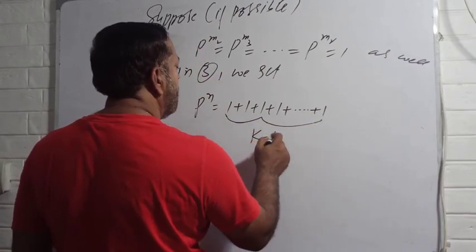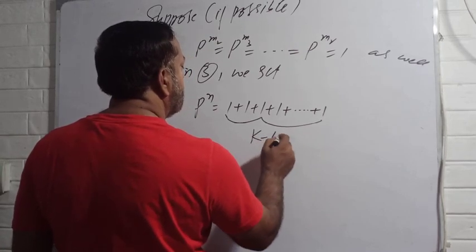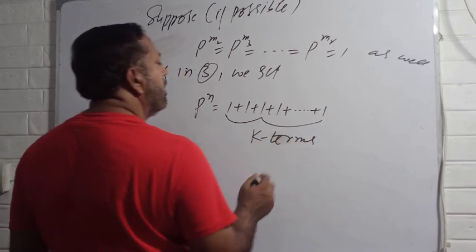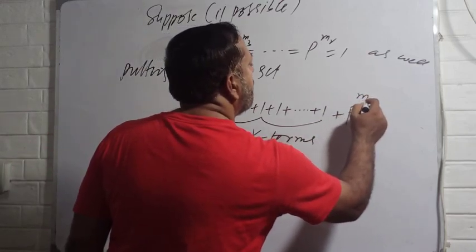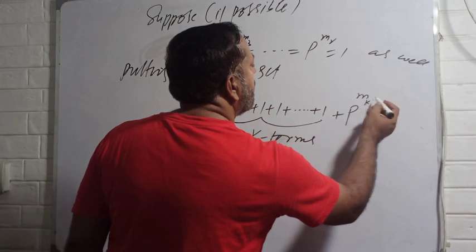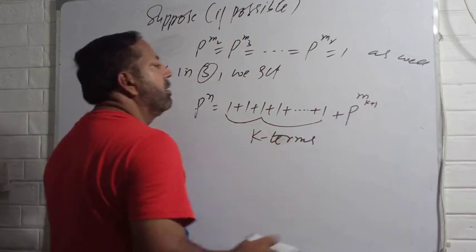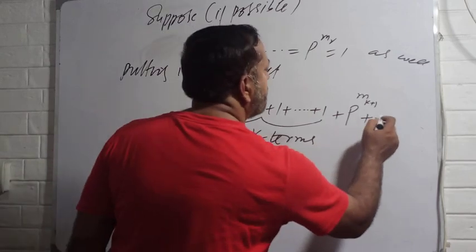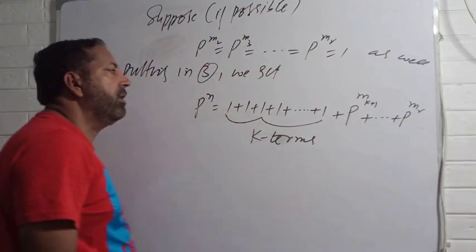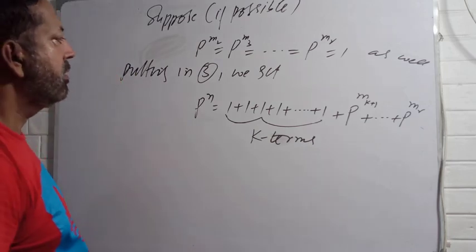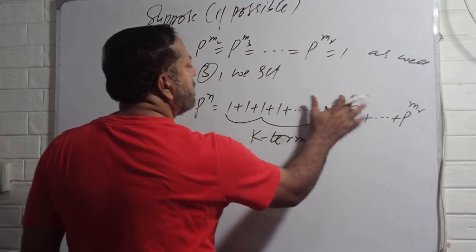This is k times, k terms, plus P power m(k+1) plus so on plus P power mr. You can write like this.